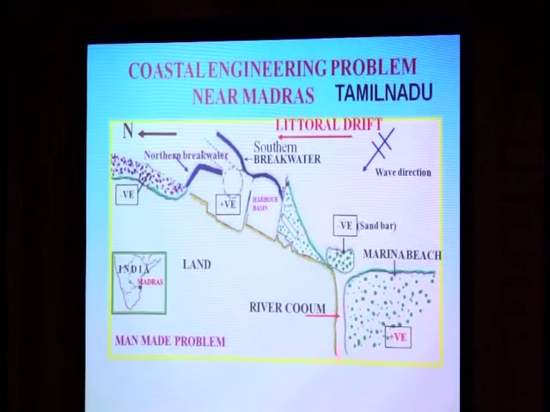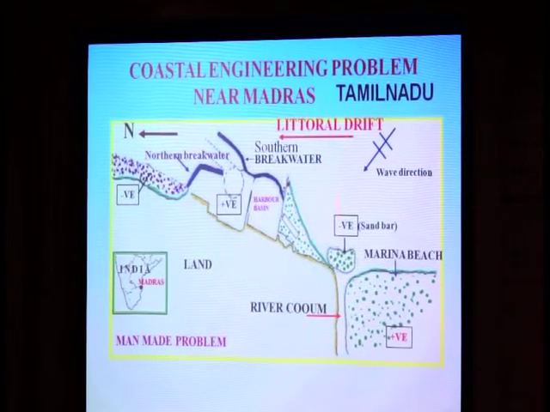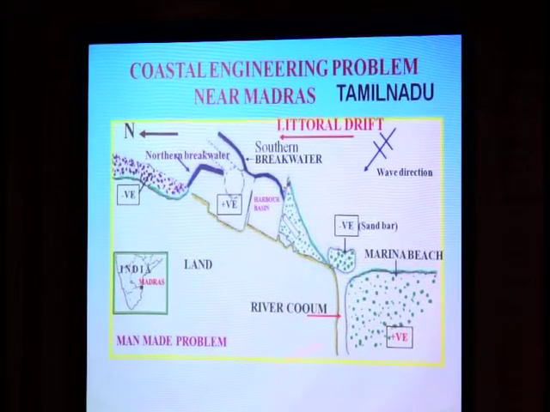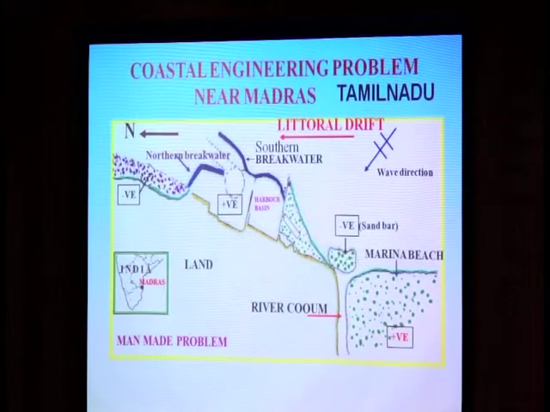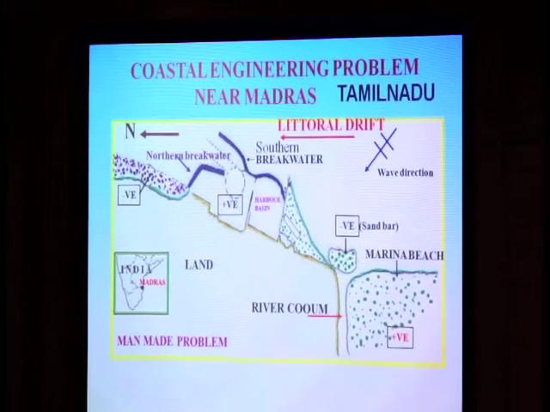But the problem is, even if you dump some of the sewage, it has to go somewhere. It doesn't go anywhere because when the sand is moving along the coast, these breakwaters, the structures lying there for the sake of the harbour, are blocking the sand. Then you have deposition taking place here and closure of this river mouth, and then you have problems with the stagnant pool of water inside the Kua.